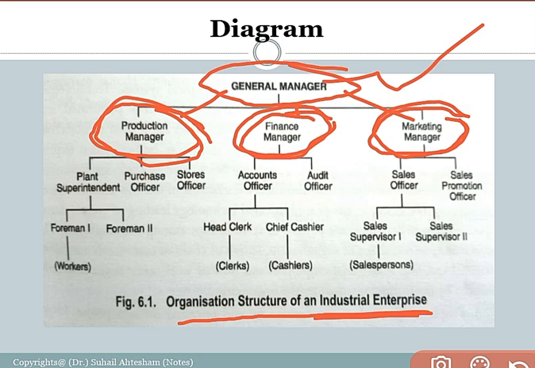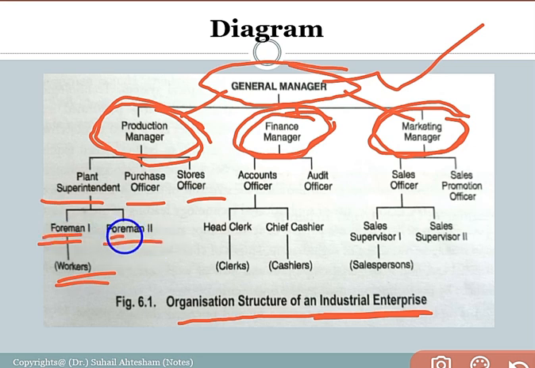Coming to the production manager, there are three subordinates: plant superintendent, purchase officer, and stores officer. The plant superintendent is related to getting the work done with the workers at the factory, at the workplace, right? Under the plant superintendent, there are foremen who supervise and look after the work.